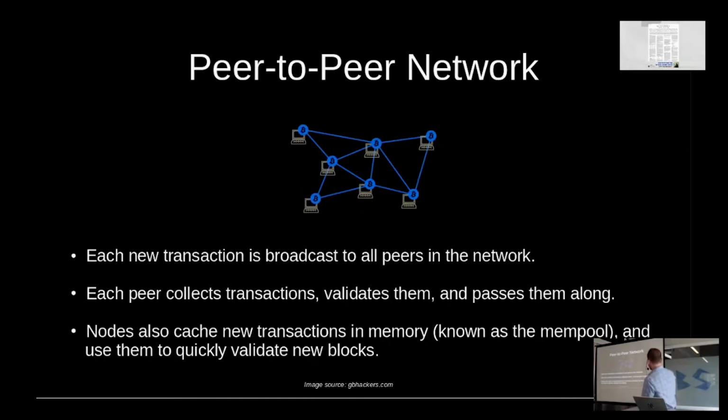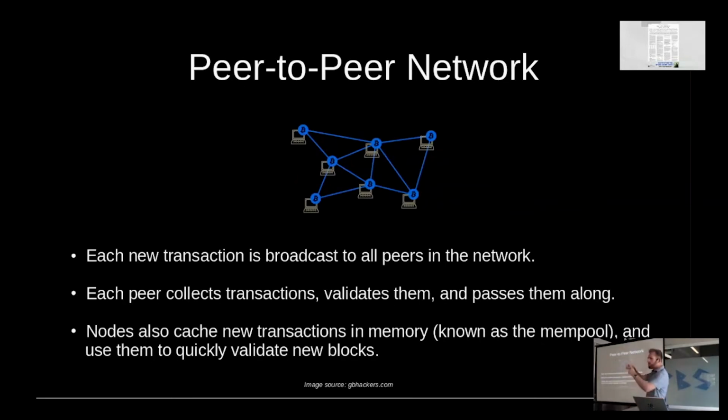And it's very useful to do this because when the blocks come along, the blocks are going to have all these transactions in them, or they're going to attest to all of these transactions. But man, would it be a drag if you had to download a block full of transactions all the time. Especially if you've already seen these transactions.